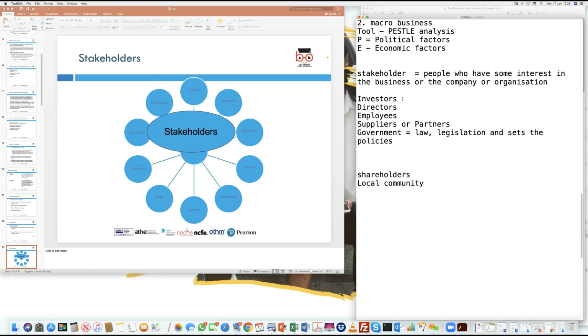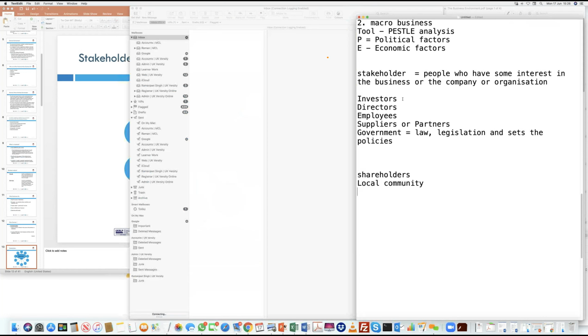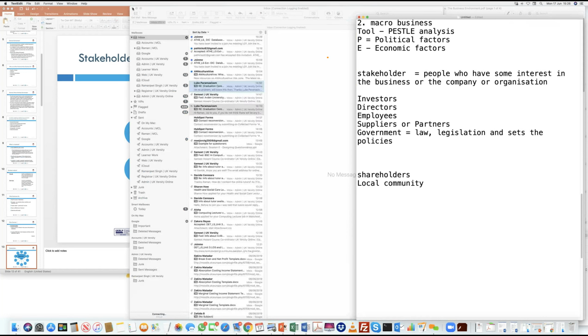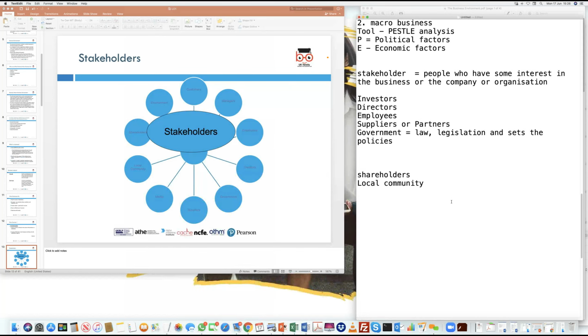When companies work with charities or for humanity purposes, they work with local communities to bring benefit to society. So they could also be what is called a stakeholder.